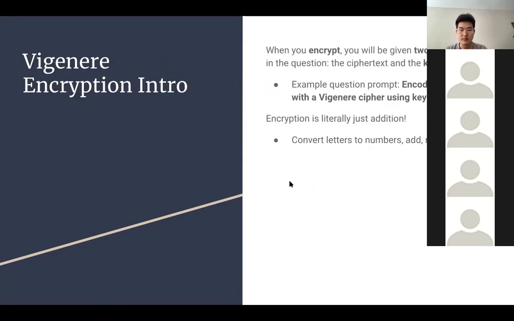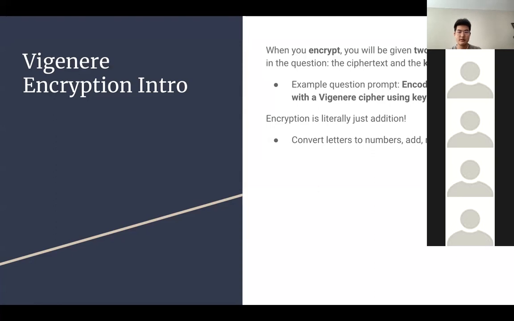All right, so I'll teach encryption first because it'll make decryption a lot easier to understand. Basically, you were given A and B for Affine, and we saw that A and B relates to what kind of linear equation you're going to write out. But for this one, what you're given is the plain text because you're encrypting.